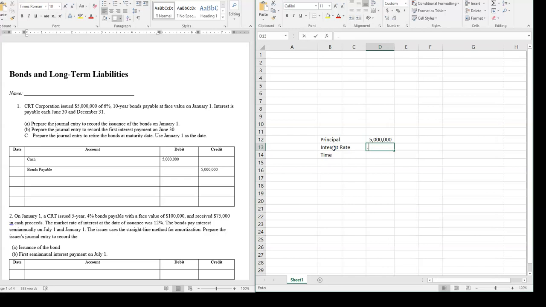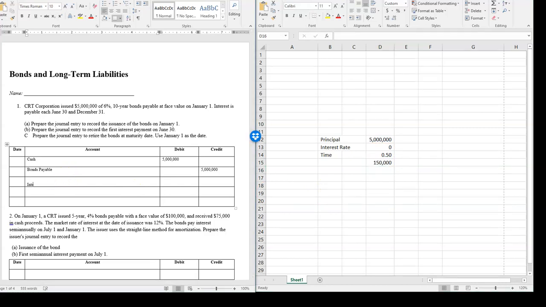Our interest rate is 6%, and time is always going to be 6/12, which is 1/2, so I'll just put in 0.5 to show that it's 1/2. And then we'll multiply and find out how much our interest is. Alright, so our interest is $150,000.